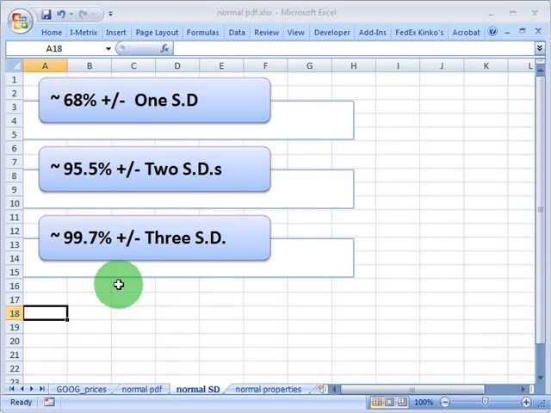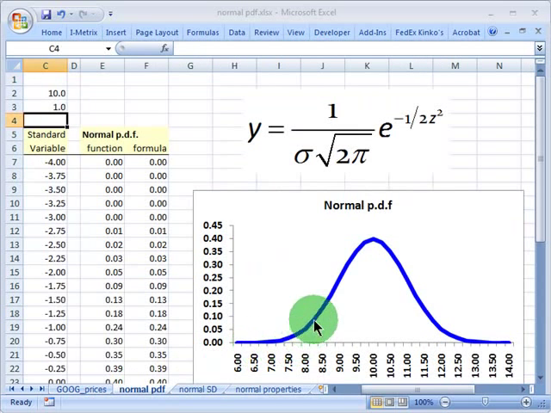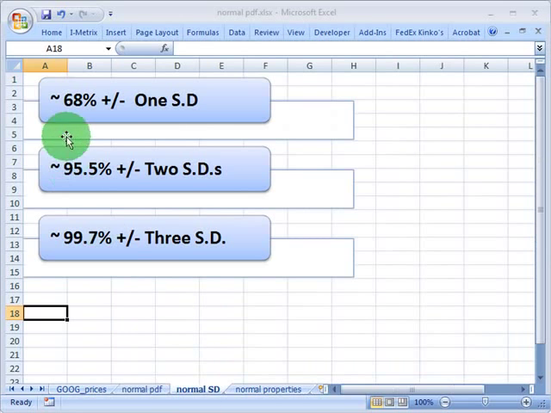So another characteristic is we have these rules of thumb, which you may have seen before, that refer to area under the curve. So if I just look back at this, this is the density function. The cumulative function is implied by the area under the curve. So if we talk about how much area under the curve goes plus or minus 1 standard deviation to the left and right, well, then we have these rules of thumb.